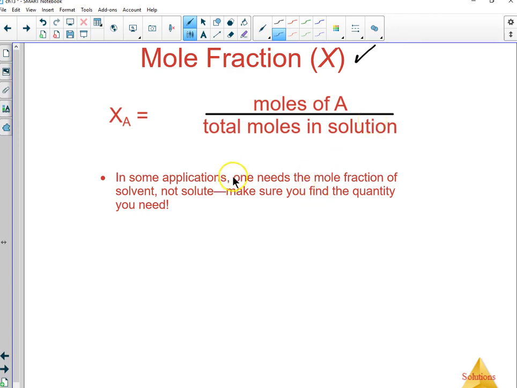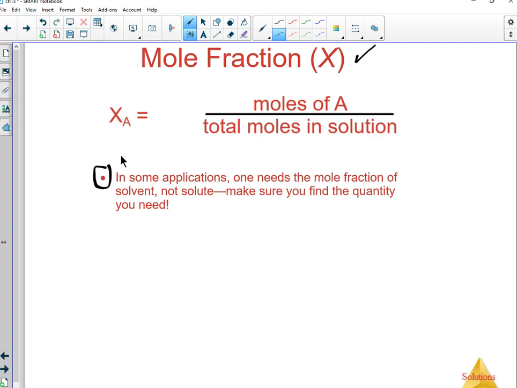But it would be the moles of A, or whatever thing you're talking about, divided by the total moles in the solution. You will need this when it says, in some applications, one needs the mole fraction of solvent, not solute. Make sure you find the quantity you need. So just make sure you read the question carefully to answer whether it's asking for the solute or the solvent.